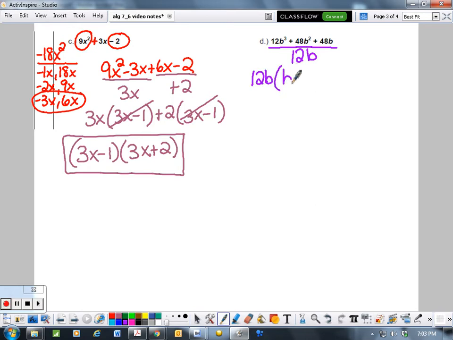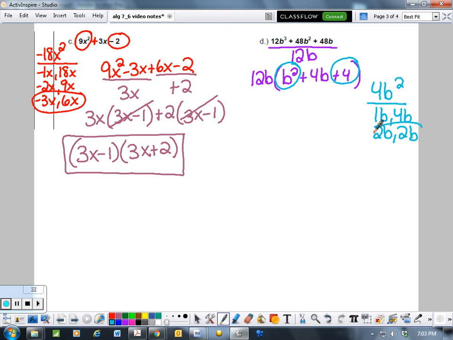And that's going to leave me with b squared plus 4b plus 4. And then we're going to factor this out. So now we're going to multiply first and last. So 4b squared, which gives me a 1b and a 4b, a 2b and a 2b, and it looks like there's my winner.